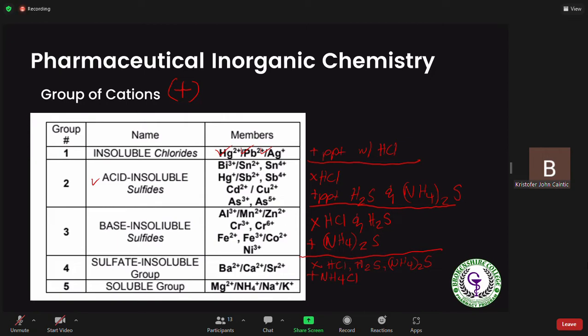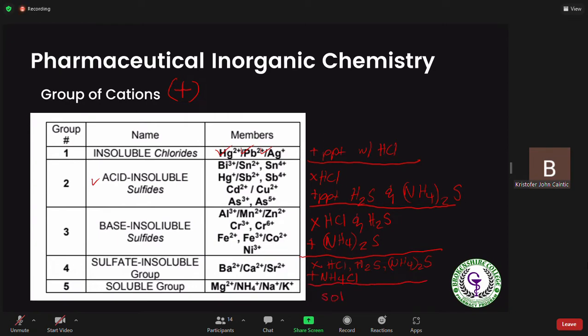And lastly, group number 5, which are your magnesium, ammonium, sodium, and potassium. They are your soluble group, which means they do not form any precipitate with the other solvents mentioned. So, wala sila.